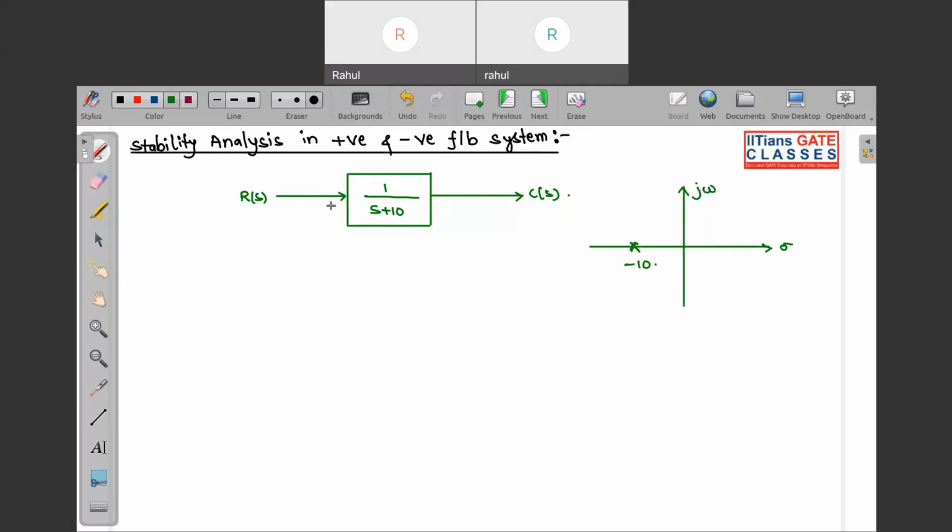Now if we take the same open loop system and close it using negative feedback, where the feedback path gain is 5, let us assume.